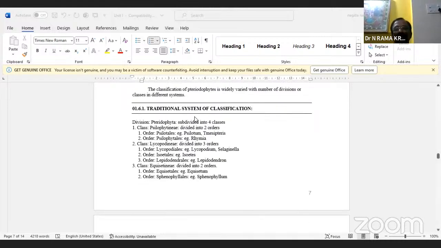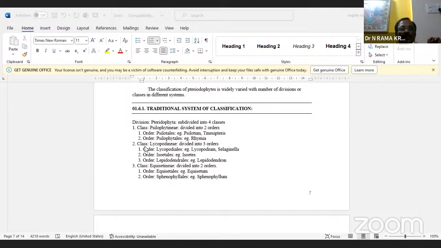So first, you see this is a traditional system of classification. The pteridophytes are divided into four classes. The first one is Psilophytaceae, then Lycopodiaceae, and the next one is Equisetaceae. Here there are only two orders, Psilotales and Psilophytales, so only two examples are given.